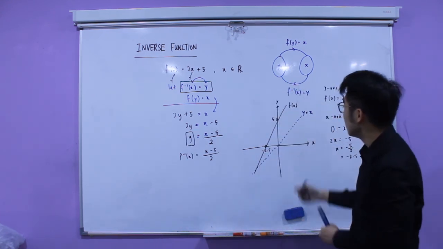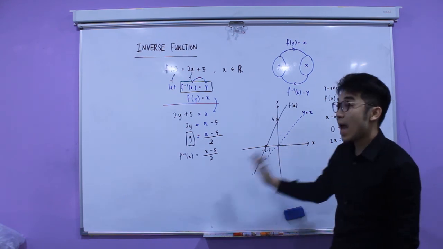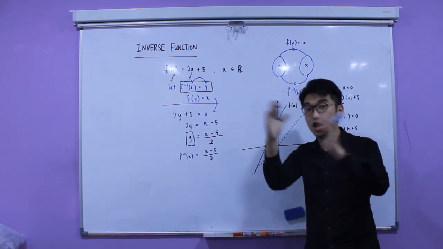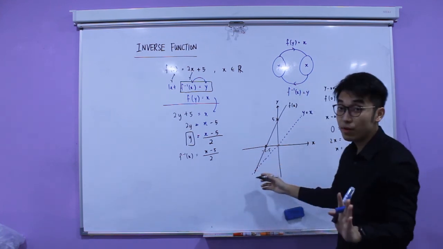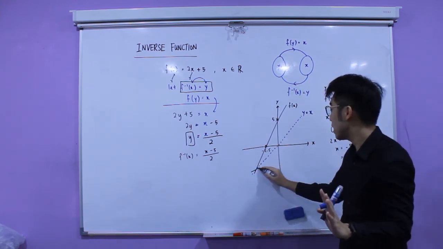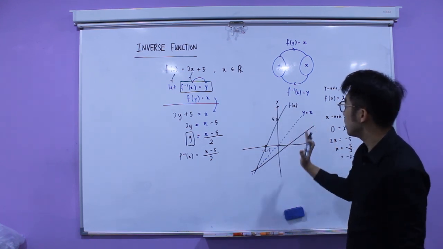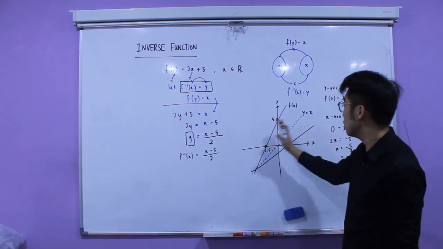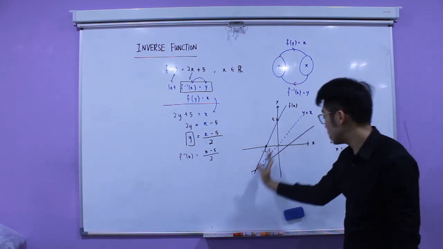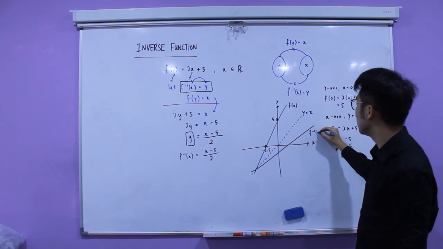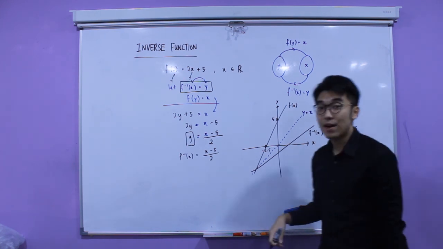It acts as a mirror for us to reflect the normal function onto the other side. So just treat it as a mirror. The sketching might not be perfect, but it looks like a mirror reflecting the normal function to the other side. So this is the inverse function.